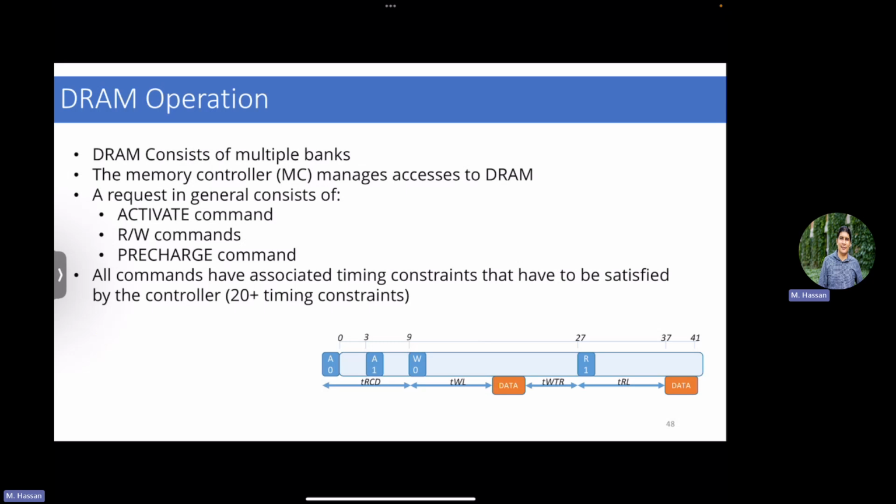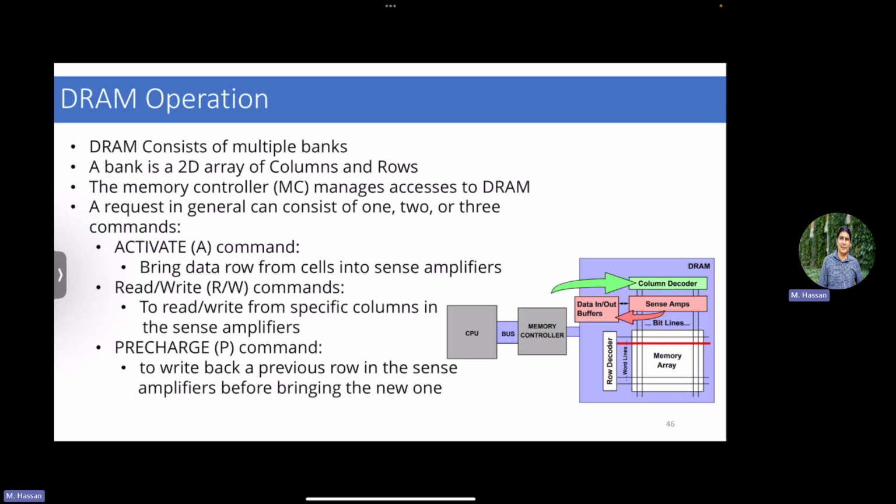And then you transfer the data on the data bus. And that's another big problem with DRAM, in fact, that we also didn't discuss last time. But it's relevant here because it impacts how we design our memory controller. DRAM, if we go back to this bus here, it's in fact a single bus. And it's unidirectional.